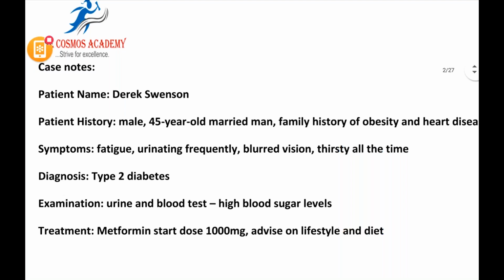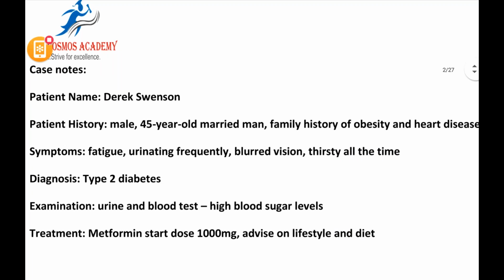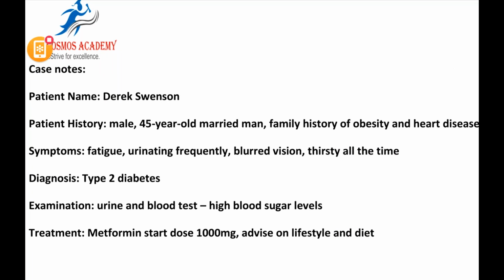Mr. Schwensen, a 45-year-old man, presented with complaints of fatigue, blurred vision, thirst, along with frequent urination. After doing his blood test, he has been diagnosed with type 2 diabetes, for which metformin 1000 mg was started. Okay, very good.